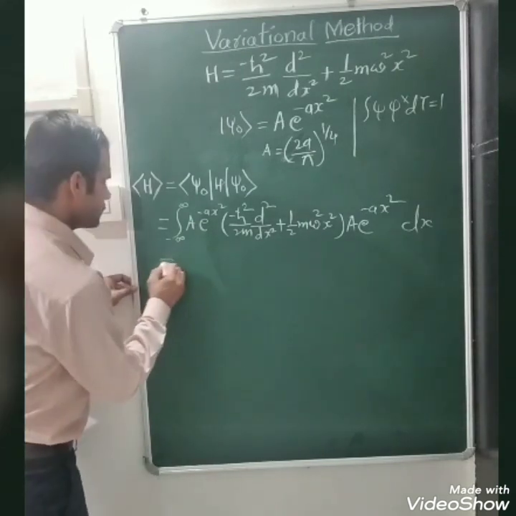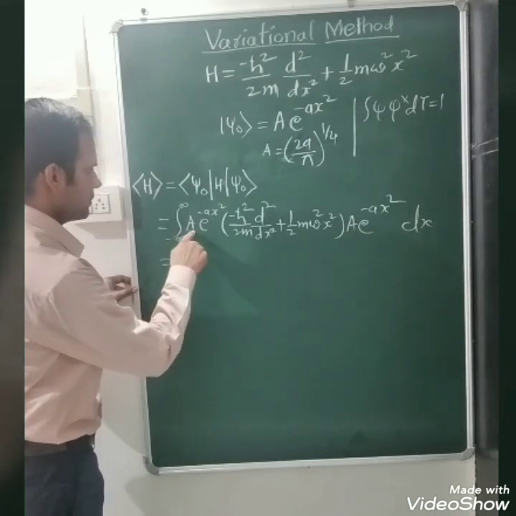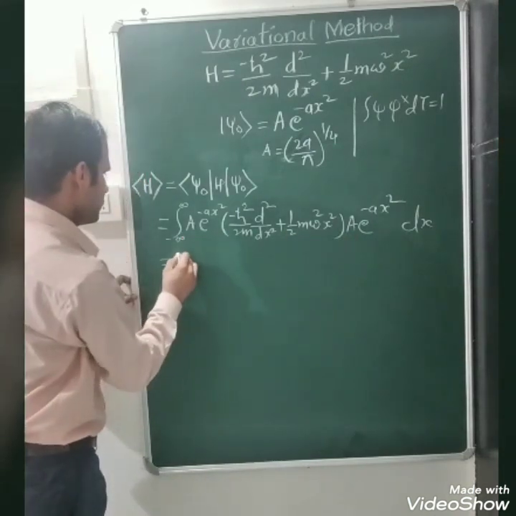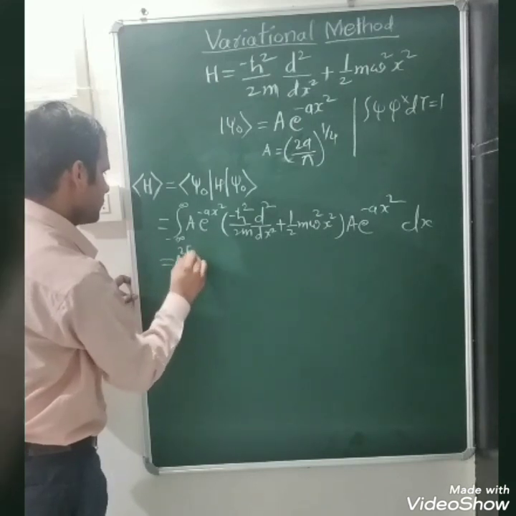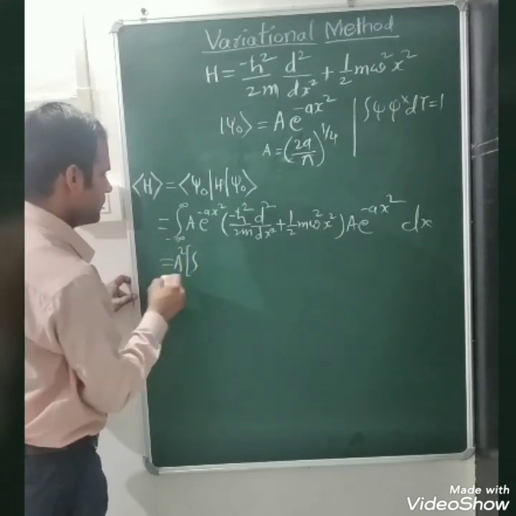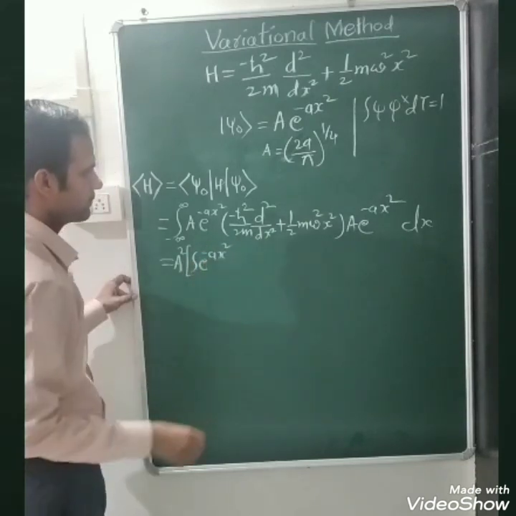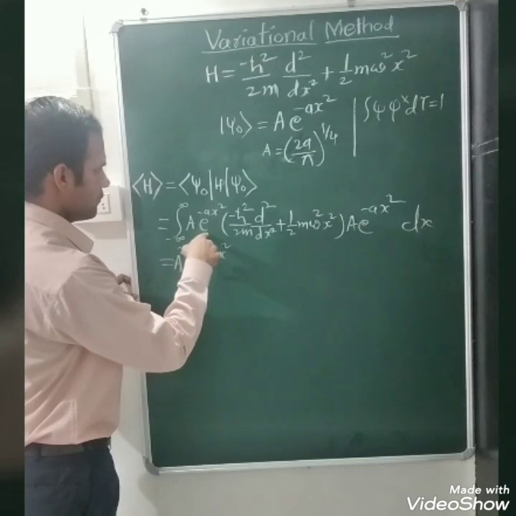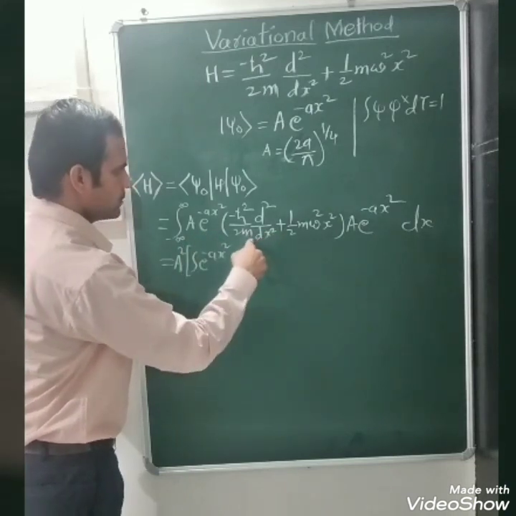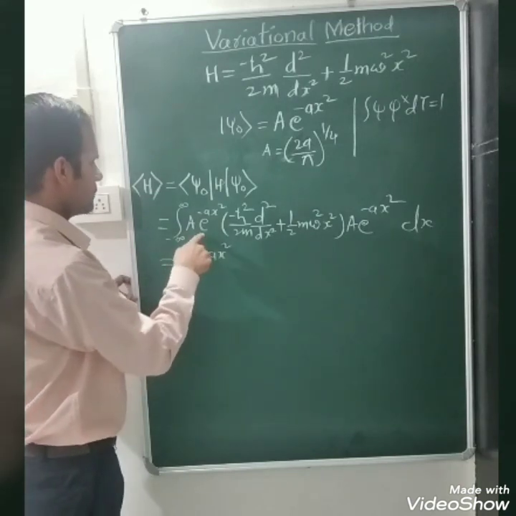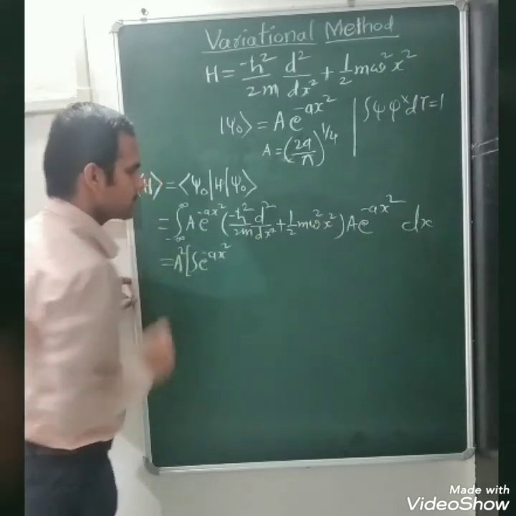Now we can solve it. A is constant, so we take A square outside and the integration of e raised to minus a x square, and we have to multiply this and add this into this.